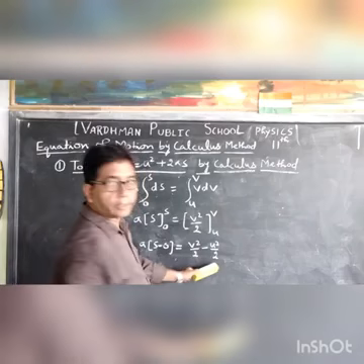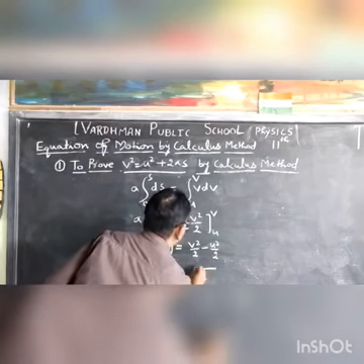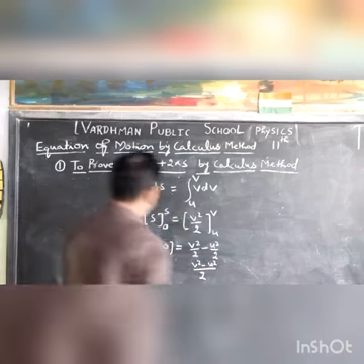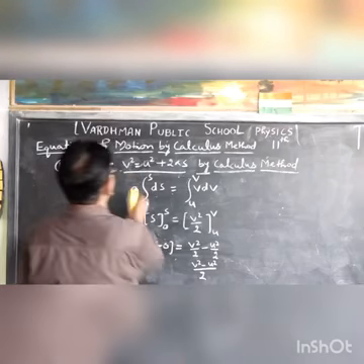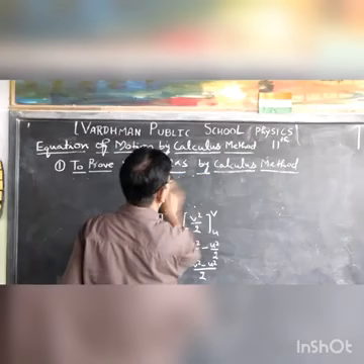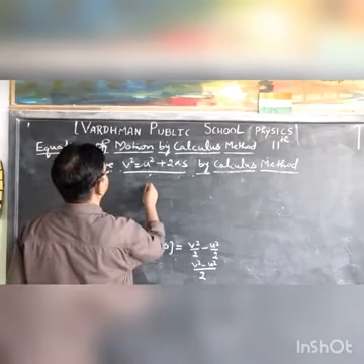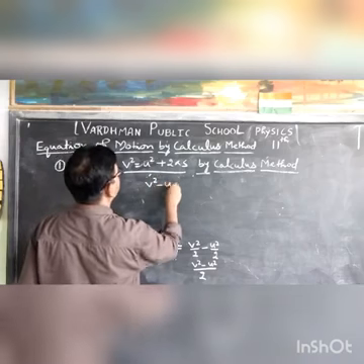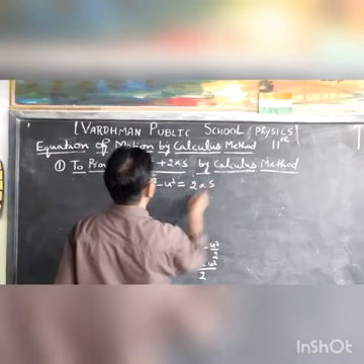When we take LCM 2, it becomes v square minus u square, and now we cross multiply. Then v square minus u square is equal to 2as.